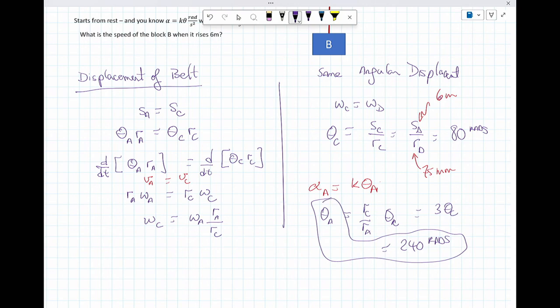Okay. So based on that, I know how much rotation has occurred on wheel A during this rise of 6 meters of the mass B. So I've got the 240 rads. Let's keep going.